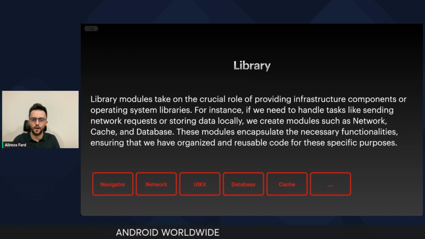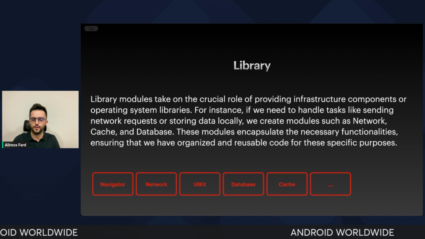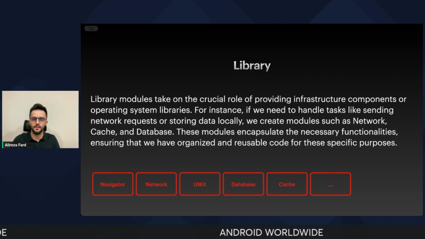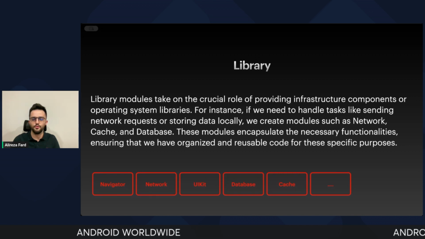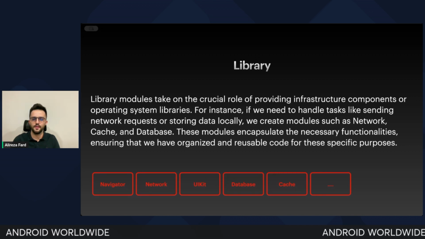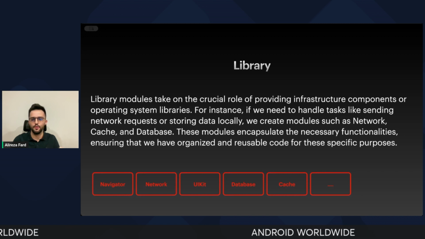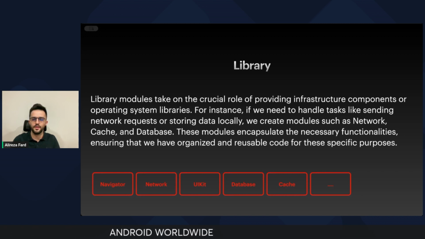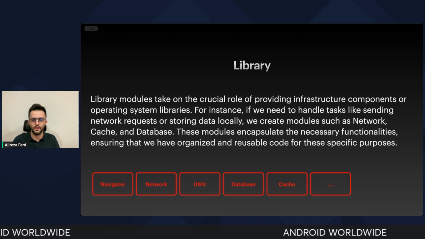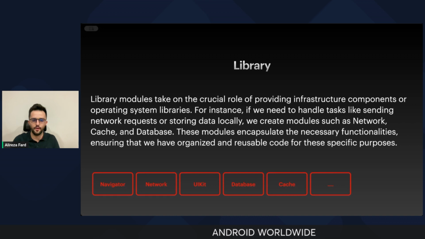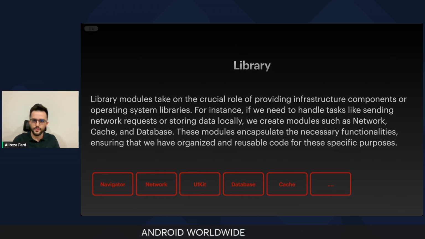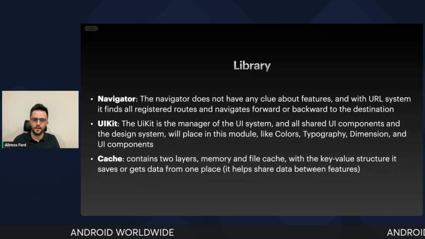You just need to communicate with the OS, for example, for caching, maybe you want to write in a file, or in shared preferences or a database, but you do not want to be involved in your feature layer. You can write it inside of the cache module and encapsulate it in there, and you make sure your cache module is ready for everyone.